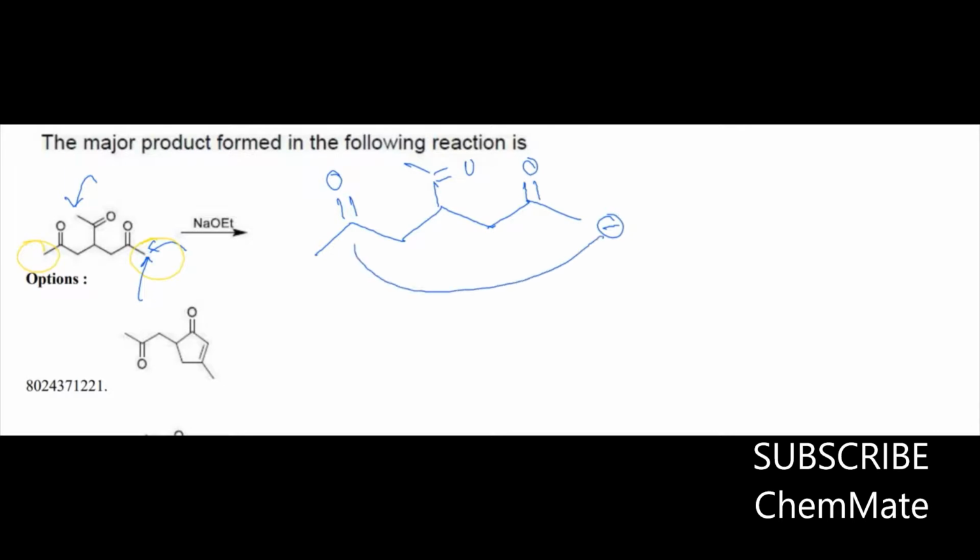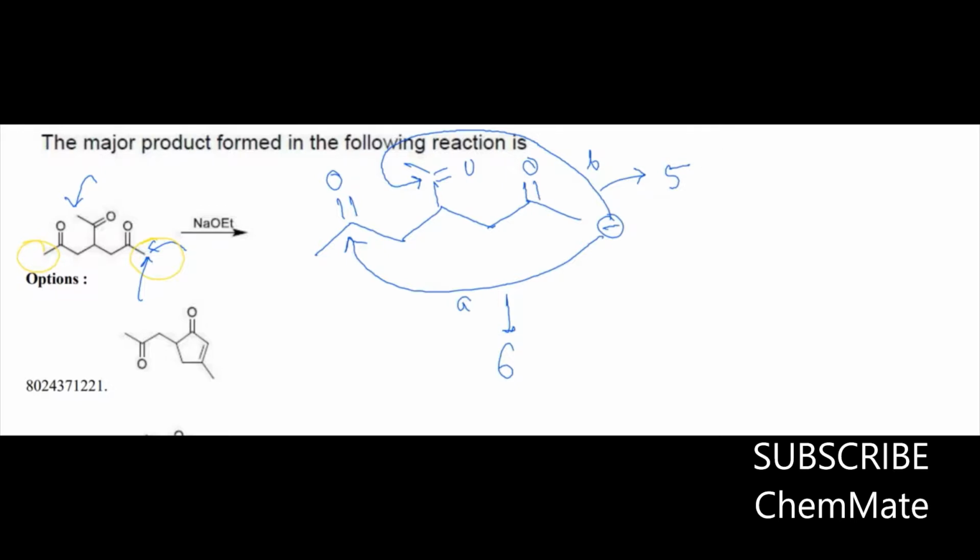That means it may attack this carbonyl carbon, or it may attack this carbonyl carbon. Let's say this is A attack, this is B attack. A attack leads to a 1, 2, 3, 4, 5, 6 member ring, whereas B attack leads to a 1, 2, 3, 4, 5 member ring.